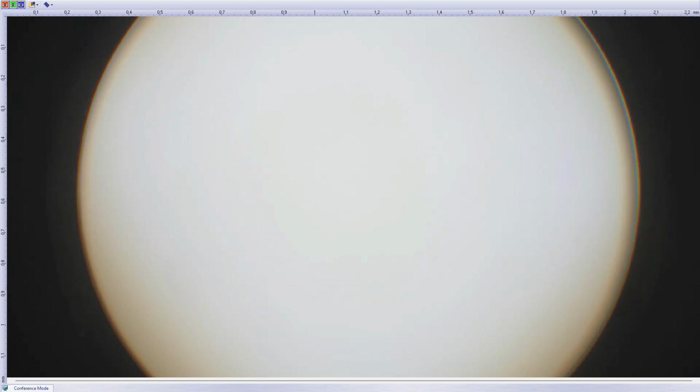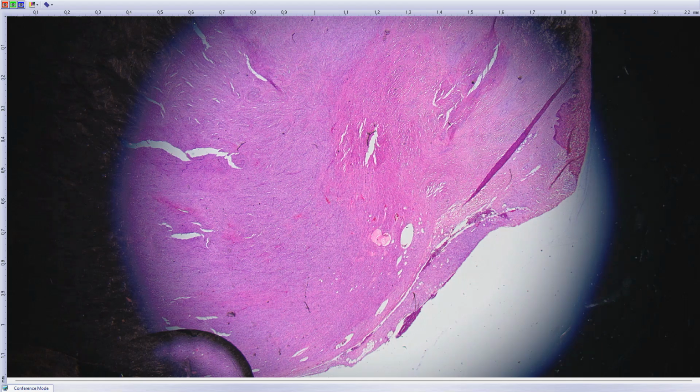So the next case was a 30-year-old male. It was a tumor in the inguinal area. On low power, it was a nodular lesion growing from the skin surface down into the subcutis.